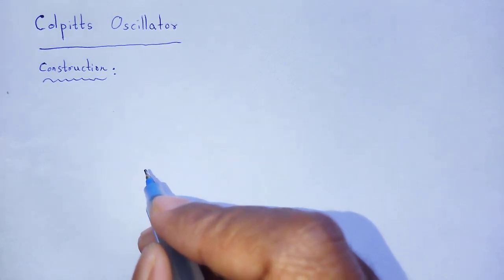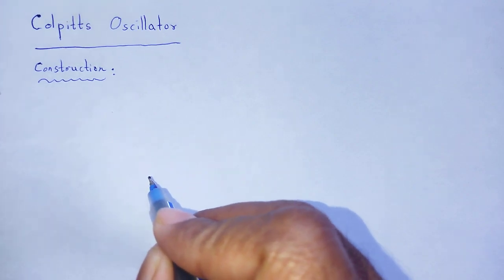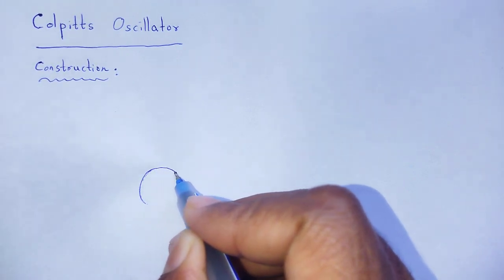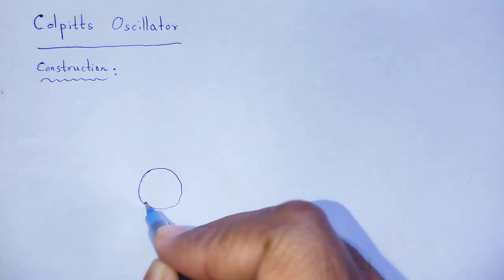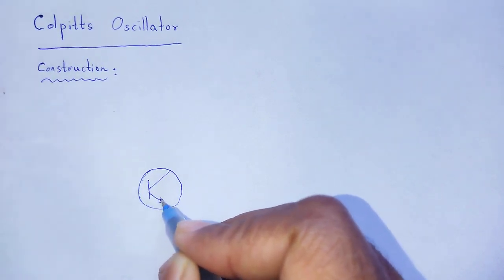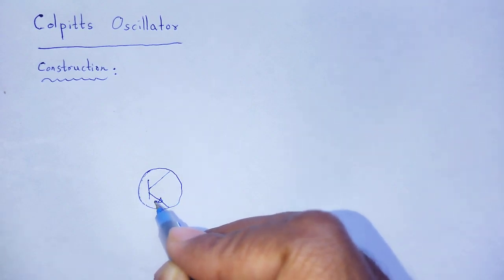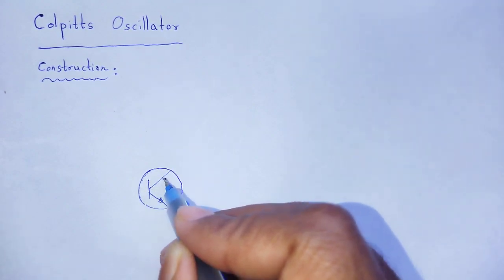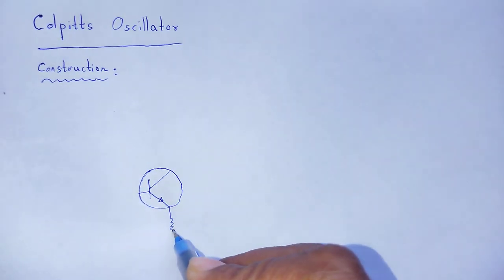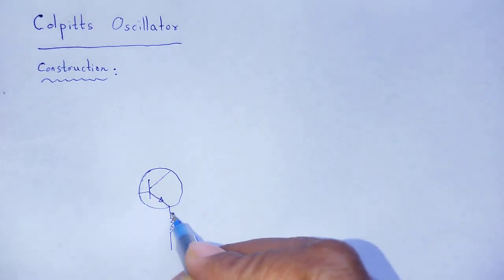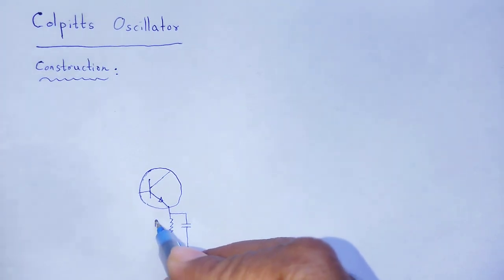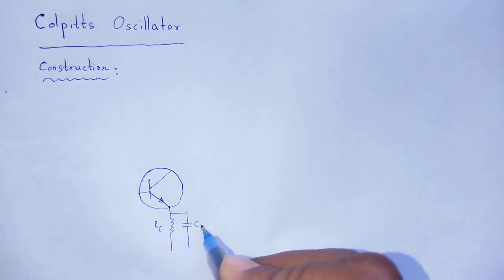Here we take an NPN transistor with common emitter mode configuration: emitter, base, collector. In emitter, RE and CE.